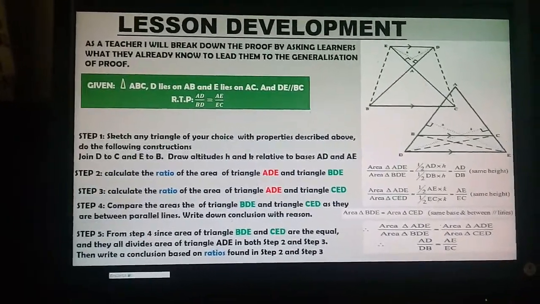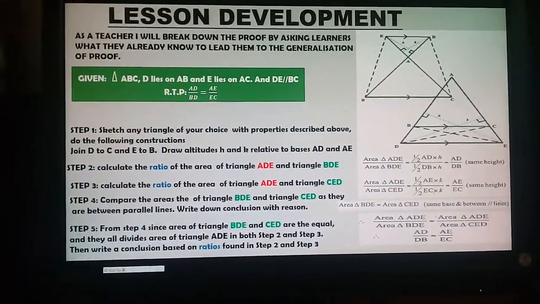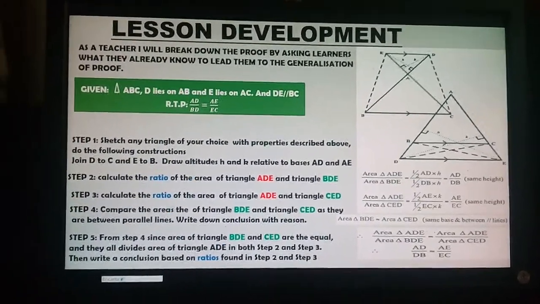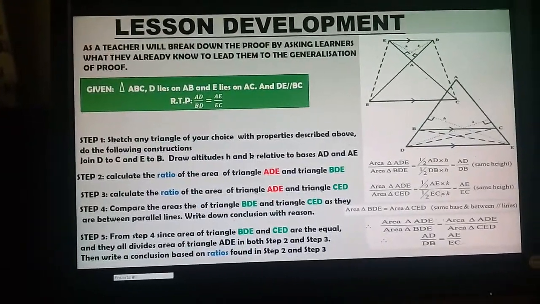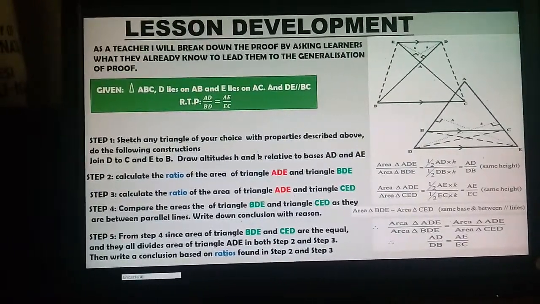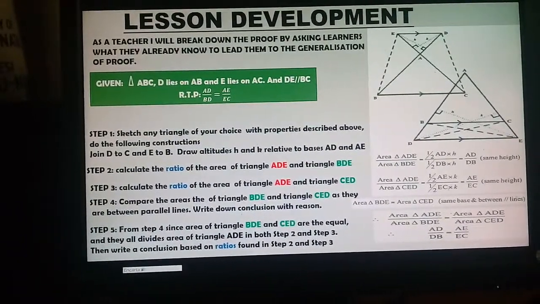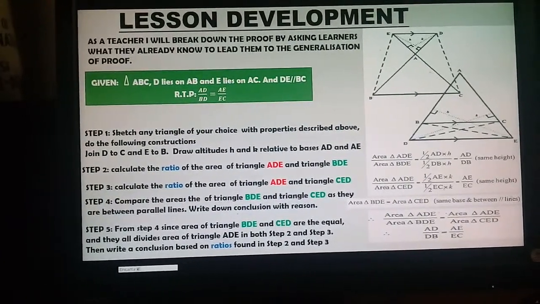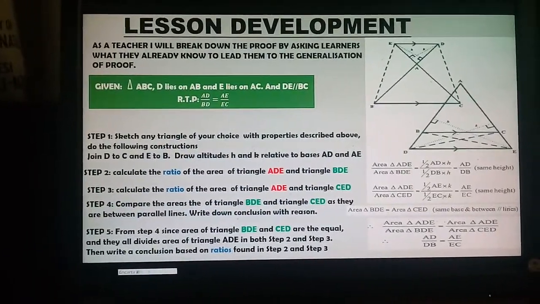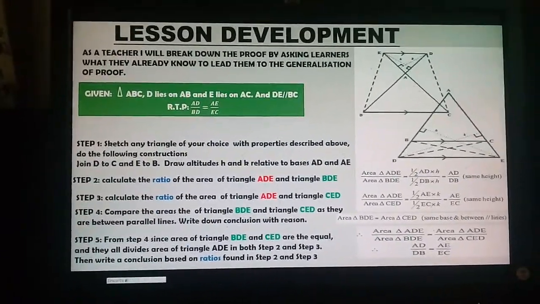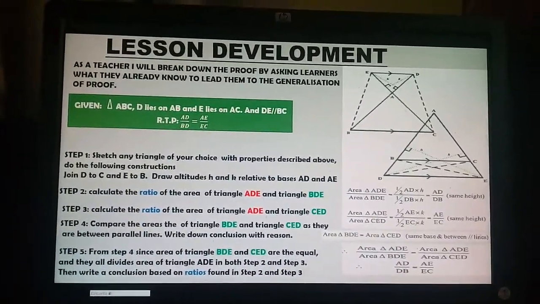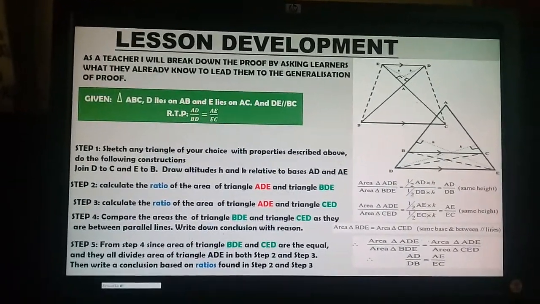From that given information, I can conclude that if we have a triangle and a line is drawn parallel to one of its sides, then the sides of the triangle are in proportion, showing that AD divided by BD equals AE divided by EC. And I have proven that theorem as I was required to prove.